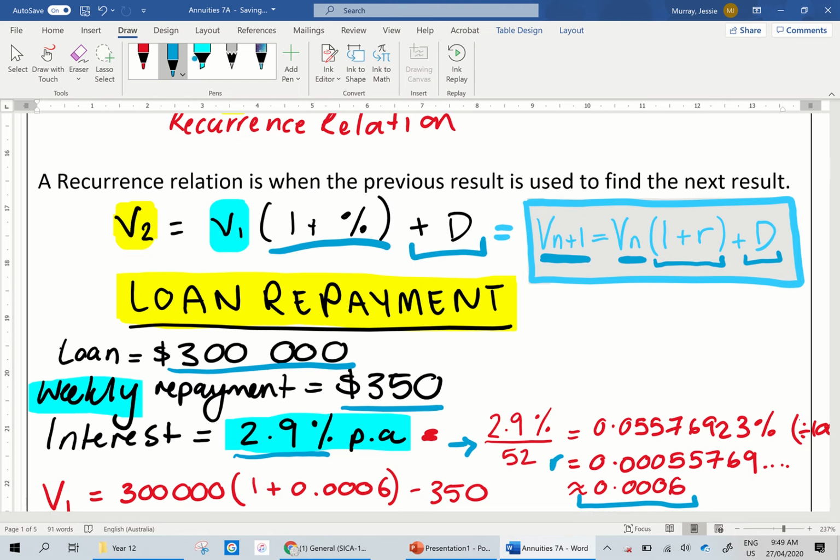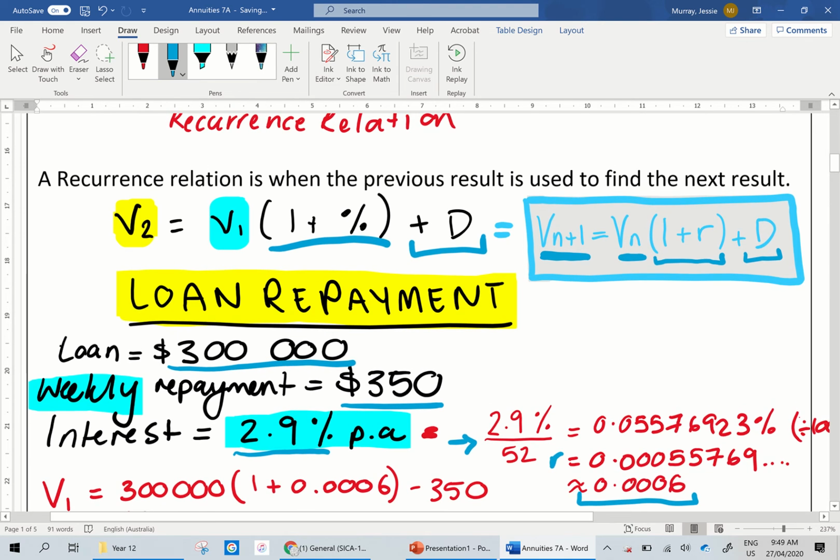Now, let's think about after the first month, what do I have owing on this loan? Well, what happens is my $300,000 loan, it gets charged interest, okay, at 0.0006, okay, percent. So it's charged interest, but then this time, because it's a loan repayment, this is what I still have left owing on the loan.